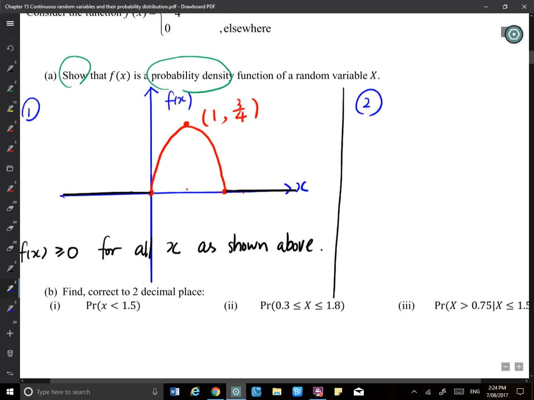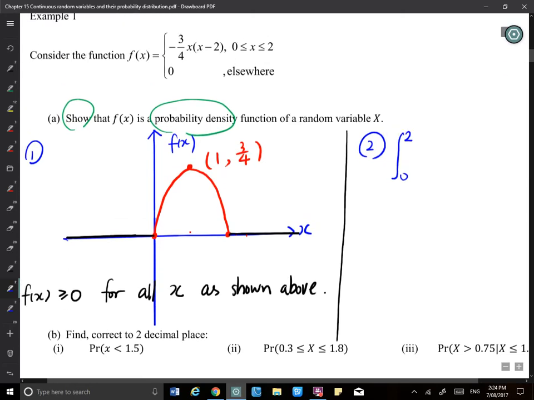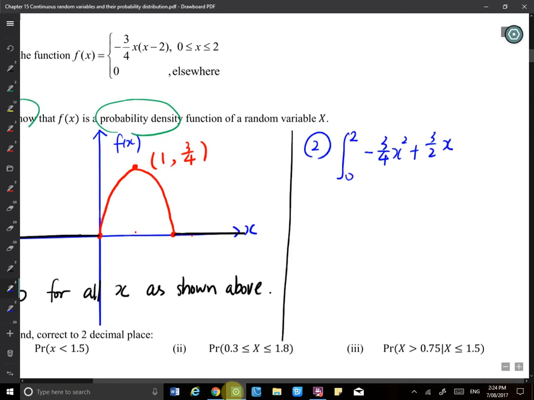Second, I need to show the area equals 1. So the integral from 0 to 2 of minus 3/4 x squared plus 3/2 x dx. That is minus 1/4 x cubed plus 3/4 x squared, from 0 to 2.